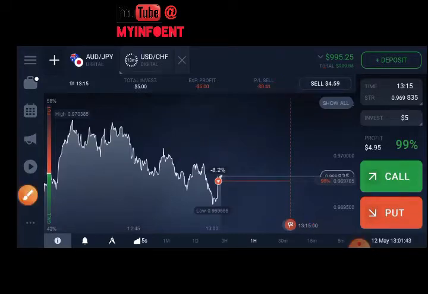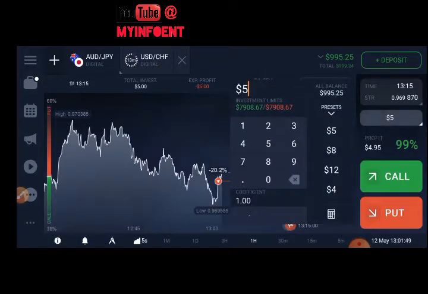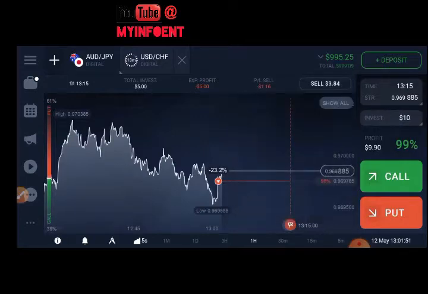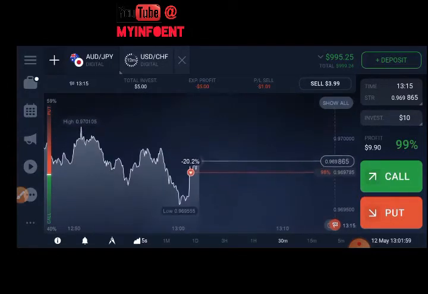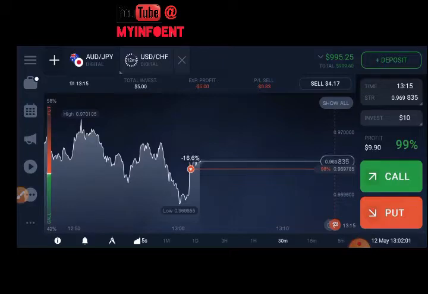You notice that once I open a put position, it's still going up. So I'll apply the 2nd-step martingale strategy. Let me allow it to go up a little further.